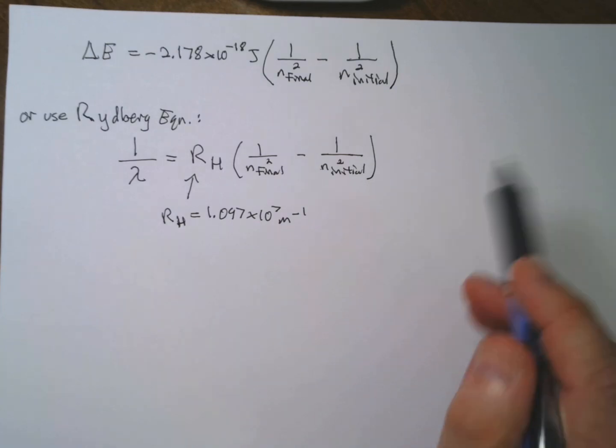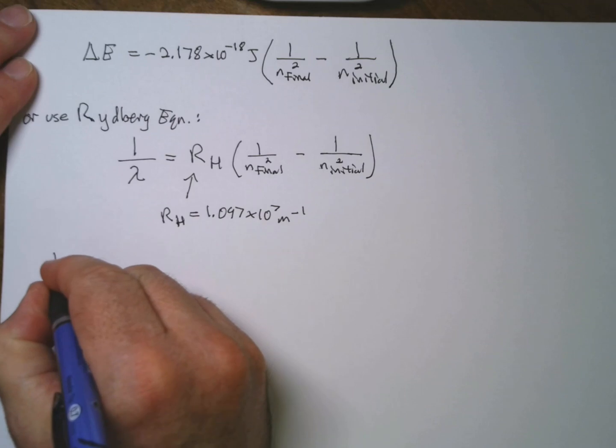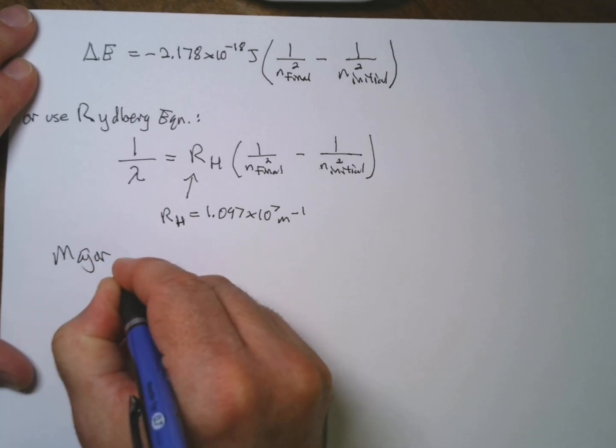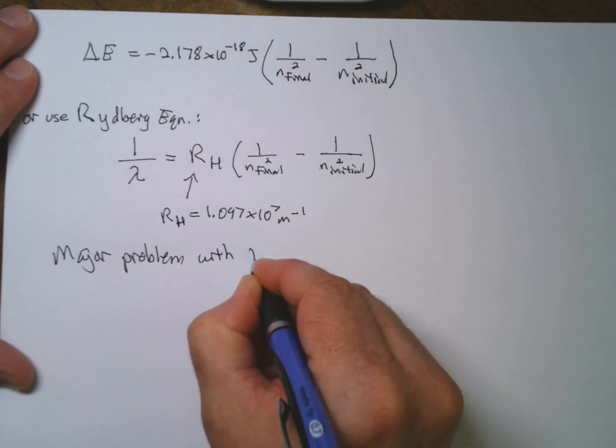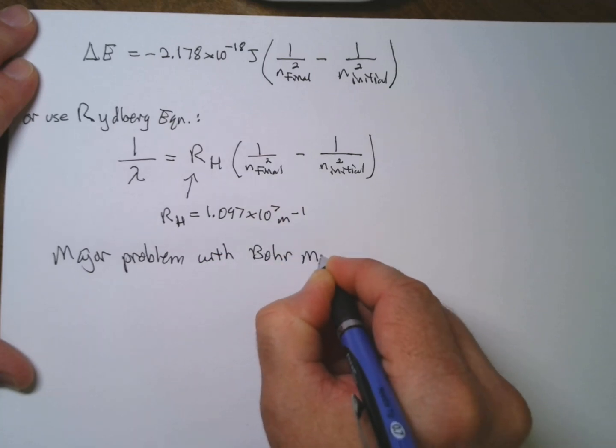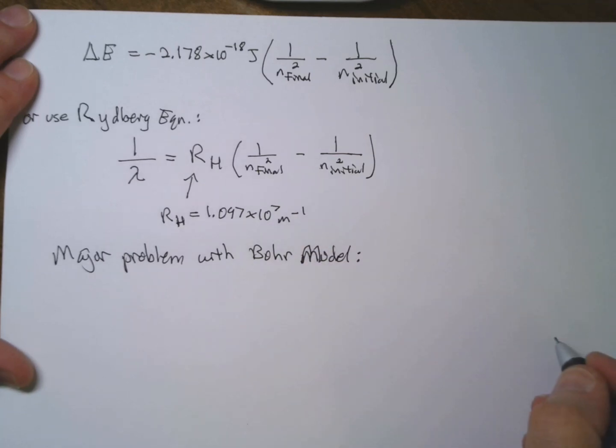Now there's a major problem with the Bohr model. It doesn't work for atoms other than hydrogen.